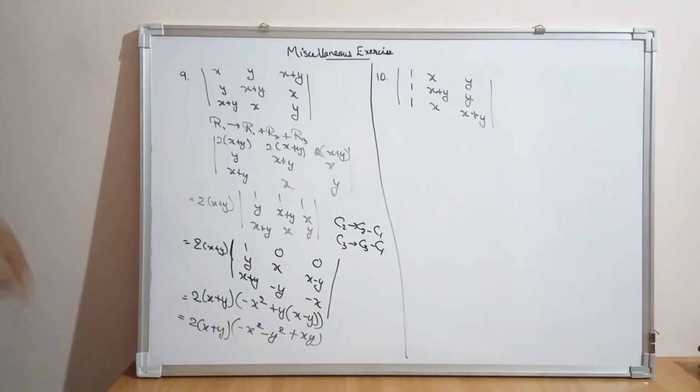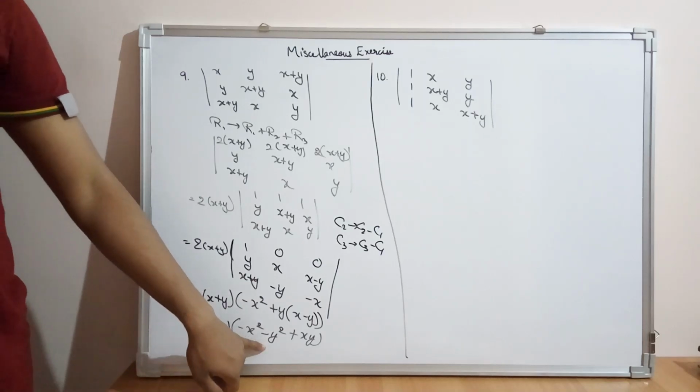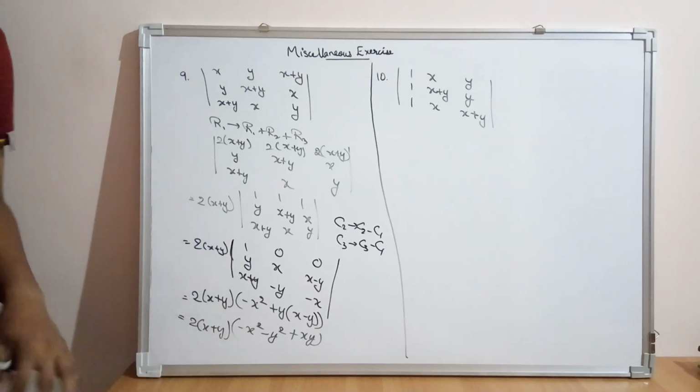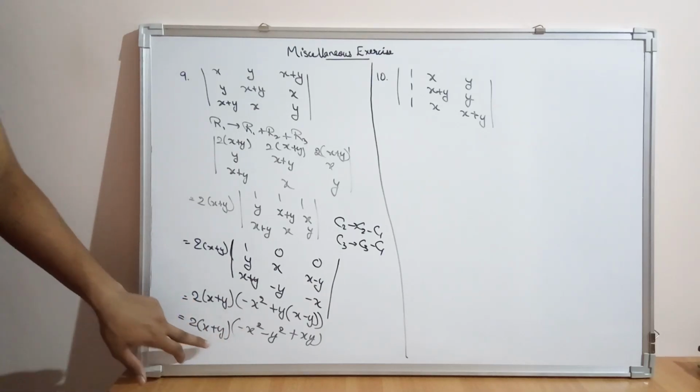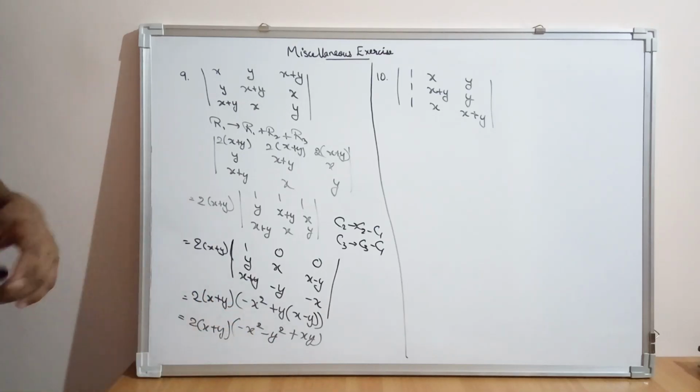A cube plus b cube is equal to a plus b into a square plus b square minus ab. So we'll remove one minus sign out.